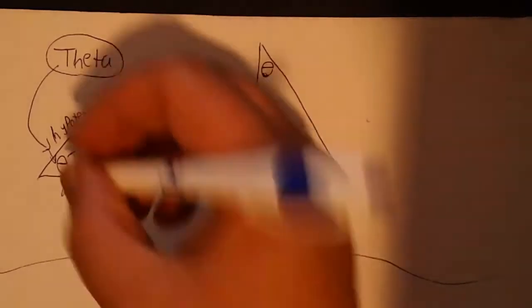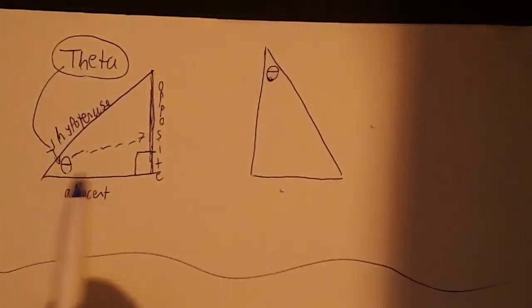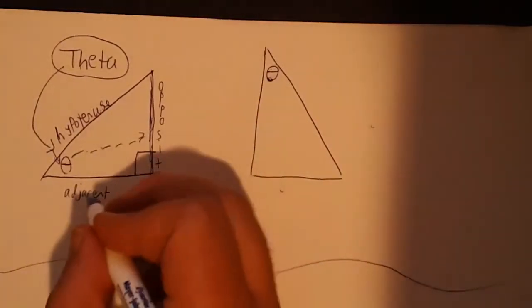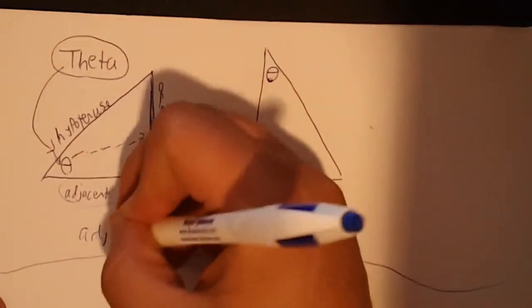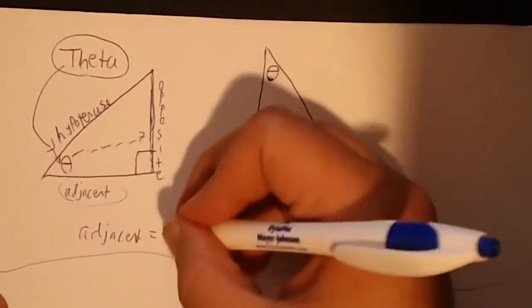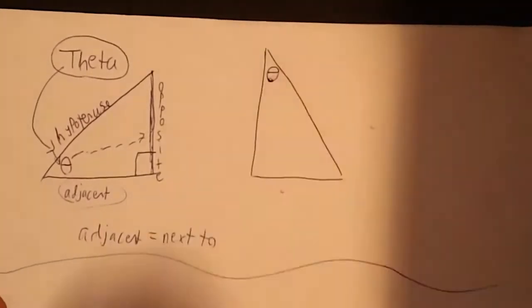What that leaves then is this side that's right next to the angle. That's not the hypotenuse. This one down here is called the adjacent side. Adjacent is basically another name for next to. So that one's adjacent.